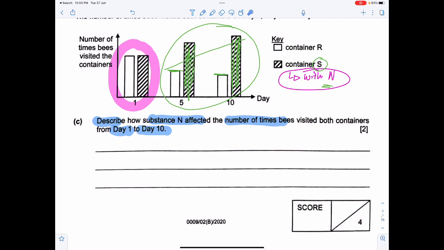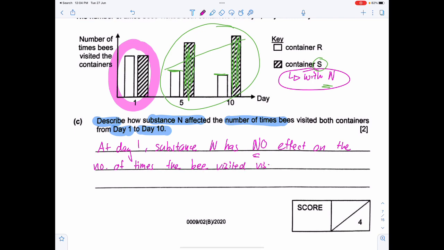So they say describe, right? So the two trends, the first trend would be at day 1, substance N has no effect on the number of times the bee visited the container.